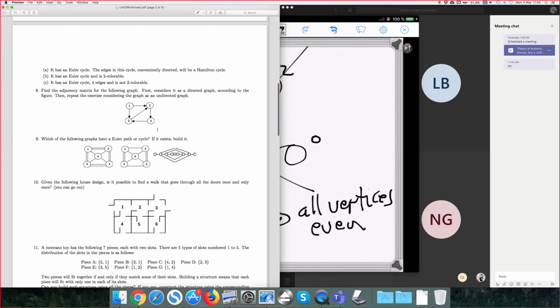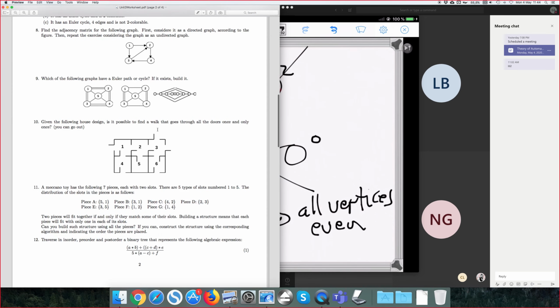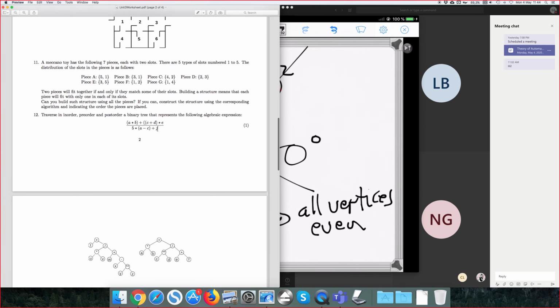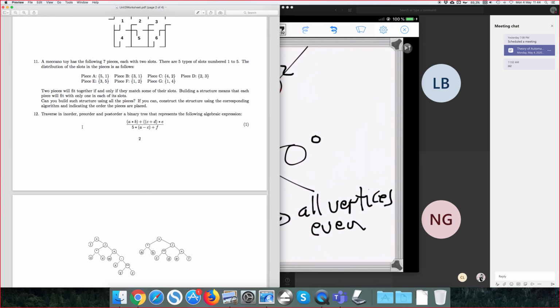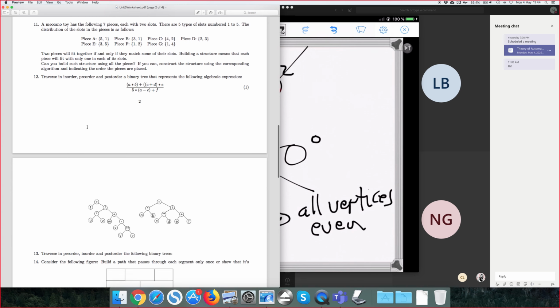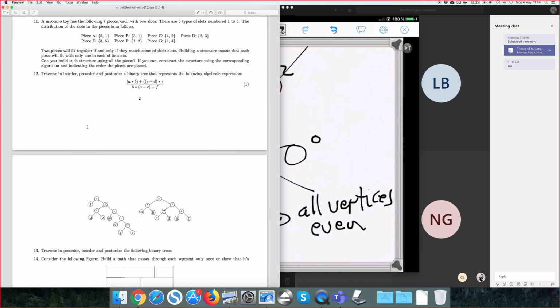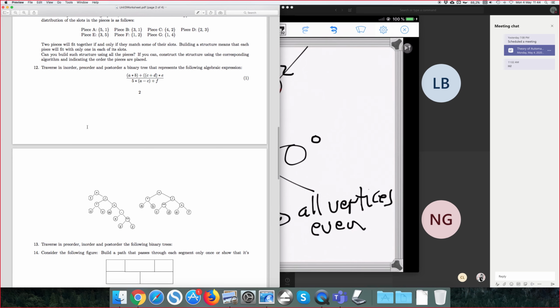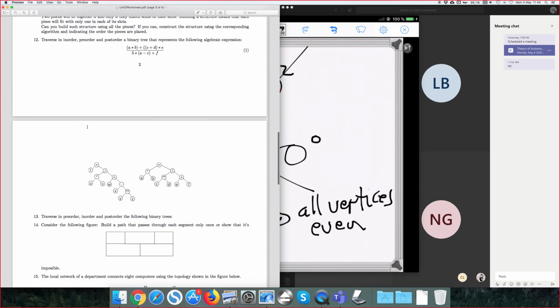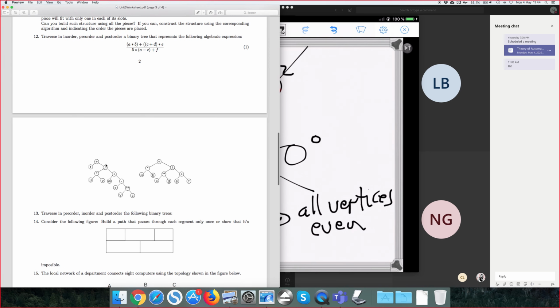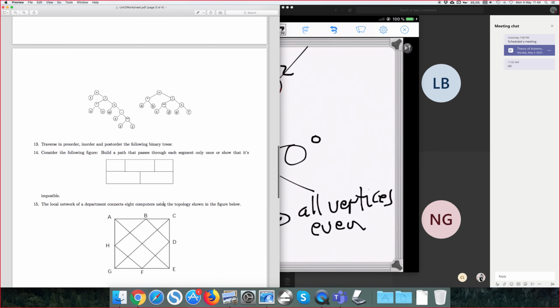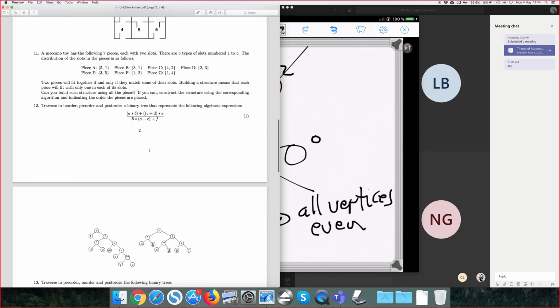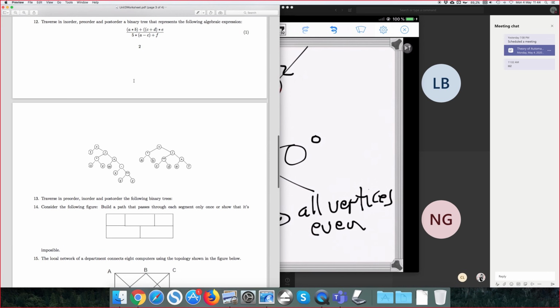7 we have already solved. 8, 9, 10, 11. Okay, 12 is similar to the one that I solved in the exam. 13 is again about traversing these trees. 14 is similar to 10.